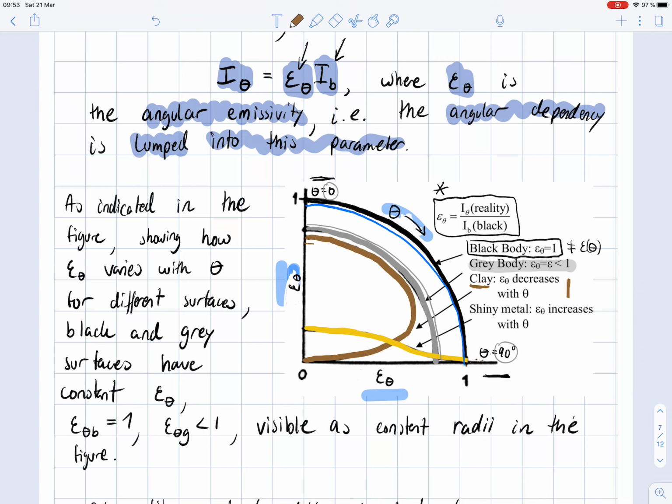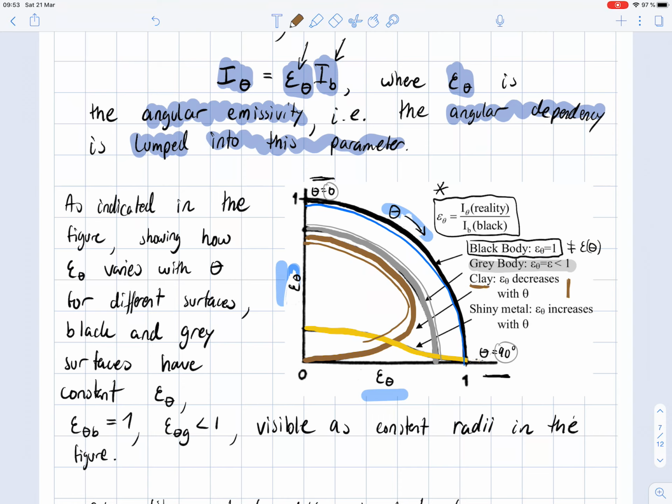For clay materials, we see that initially the angular emissivity is constant, and then for some value it starts to decrease.